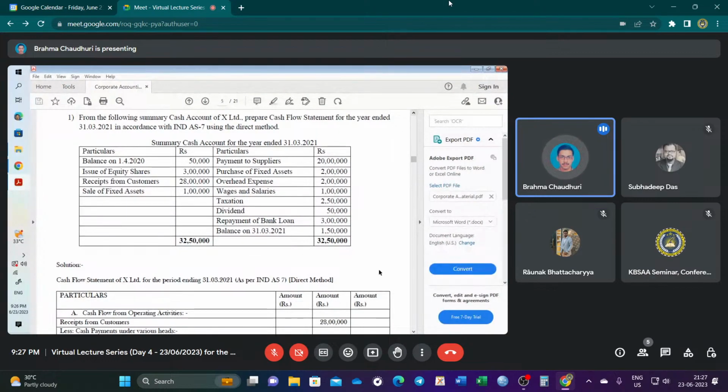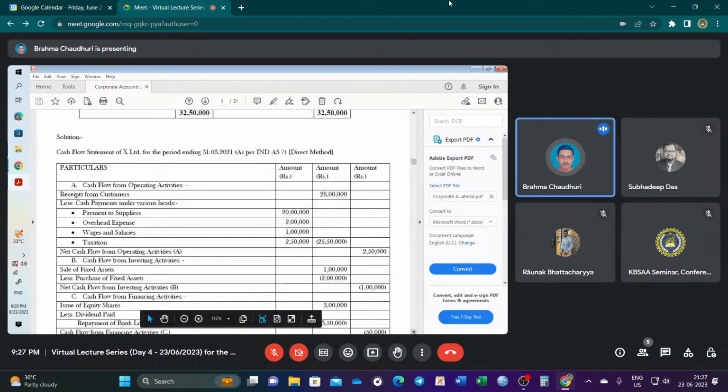So we will prepare the cash flow from investing activities. Sale of fixed assets 1 lakh, less purchase of fixed assets 2 lakh. So we are getting the net cash flow from investing activities, which is a negative balance, so we are showing it within brackets. Within brackets it is 1 lakh. 2 lakh 50,000 was the net cash flow from operating activities, and net cash flow from investing activities is minus 1 lakh.